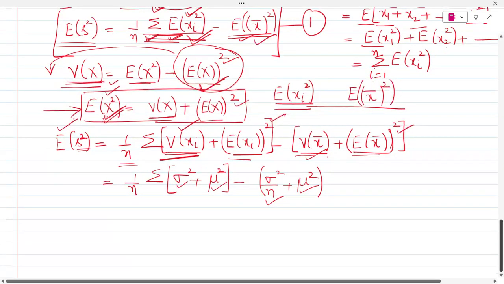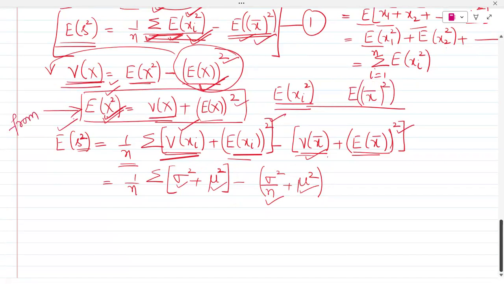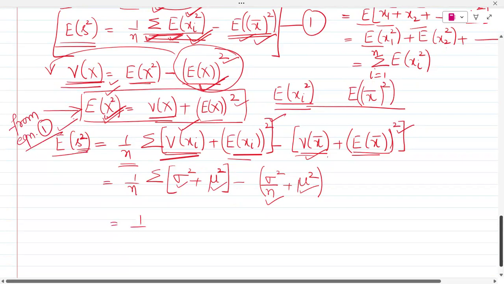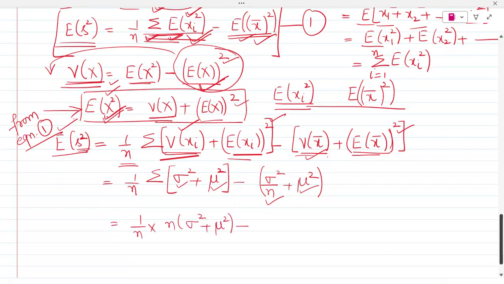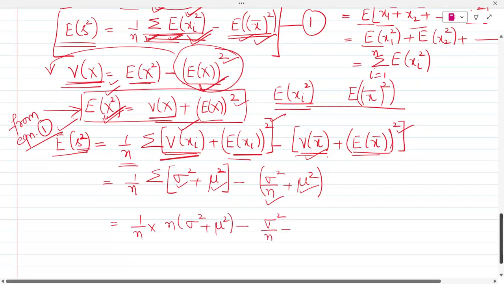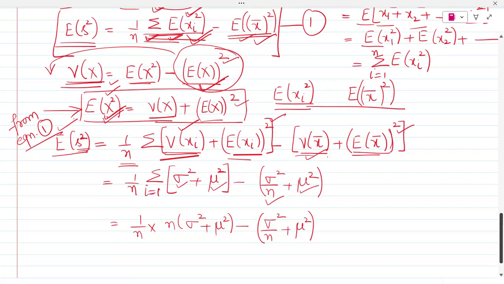So here, from equation 1, we may write this.